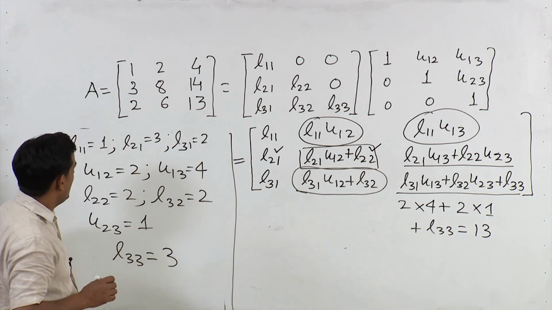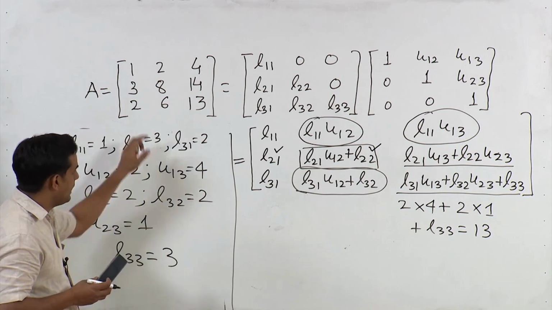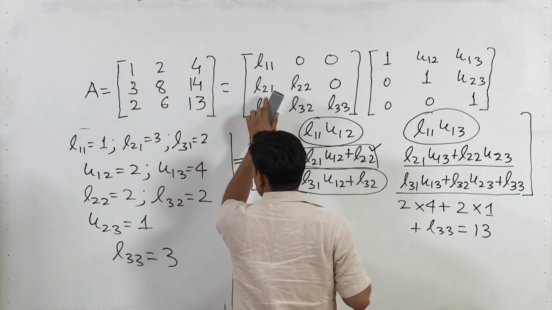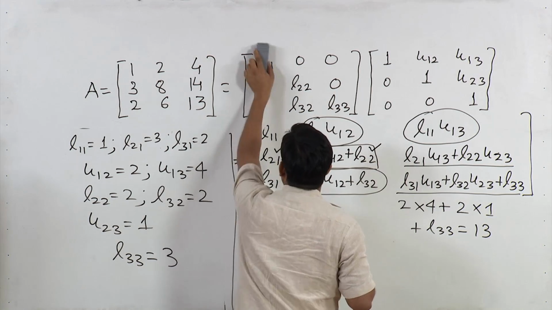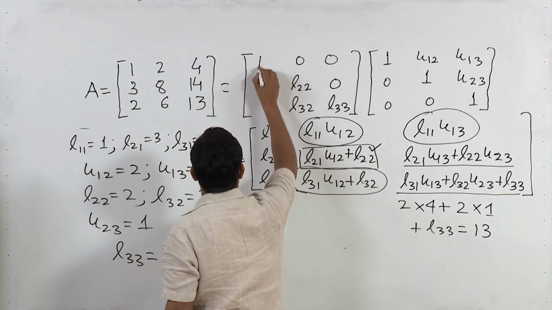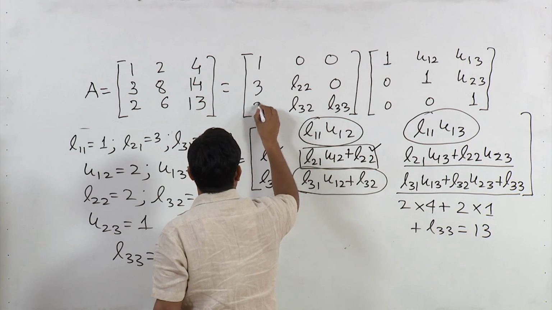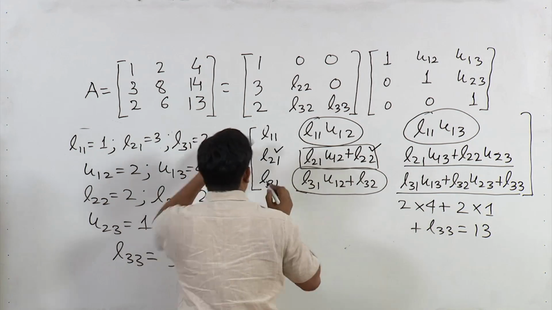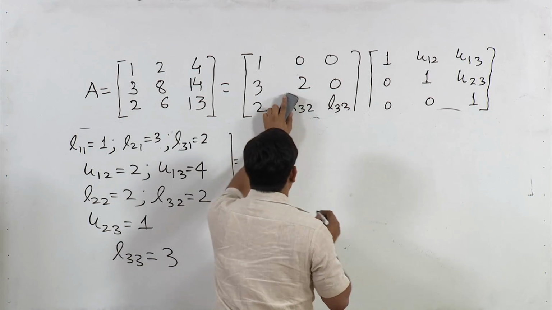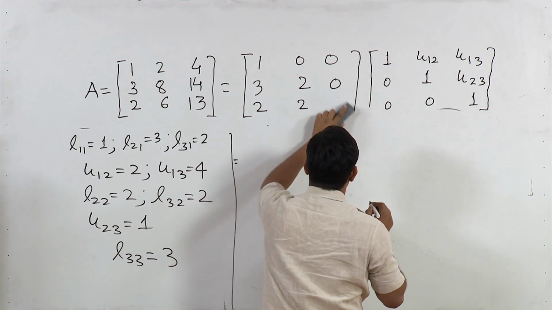So, in this way I calculated all the 9 entries. So, now if I write these 9 entries, the LU decomposition of this matrix will be 1, 3, 2, then L22 is 2, L32 is 2, L33 is 3.